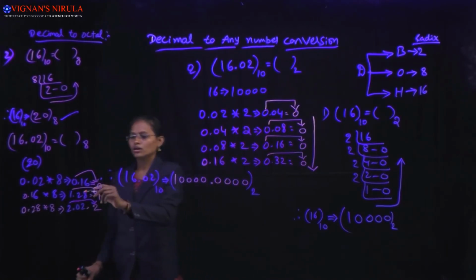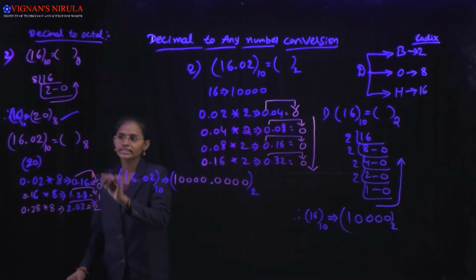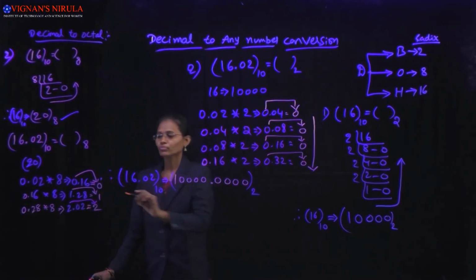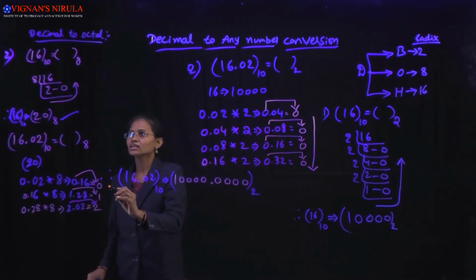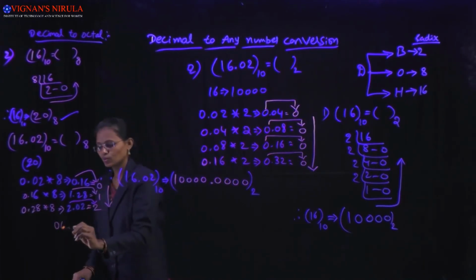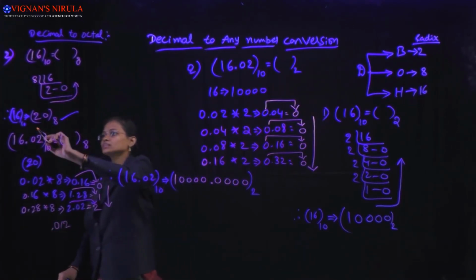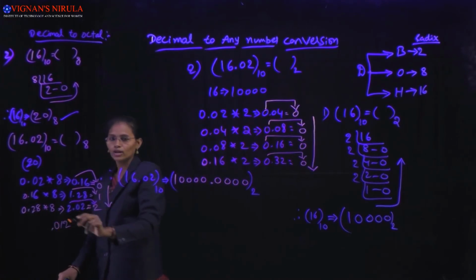Here you consider the point, so this is written from top to bottom, that is the number 0, 1, 2. This is the fractional value of 0.02.